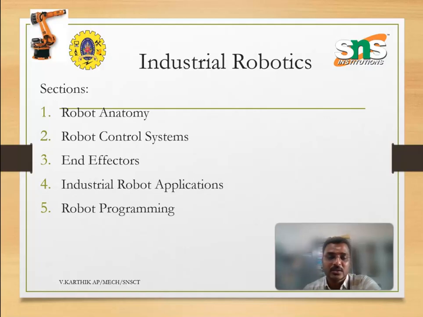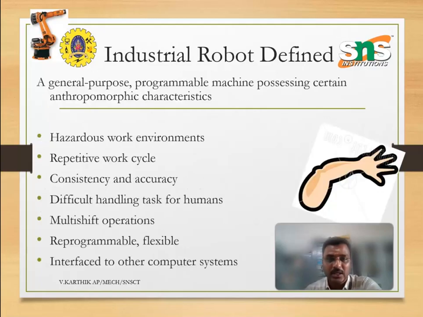End effectors have some tools like wrist, arm, bridge. These are some of the parameters of the end effector. In industrial robot applications, many countries and many companies are using industrial robots, and robots have programming languages.